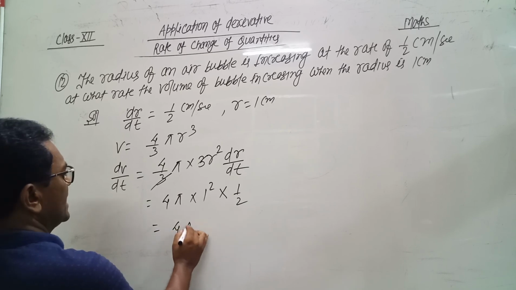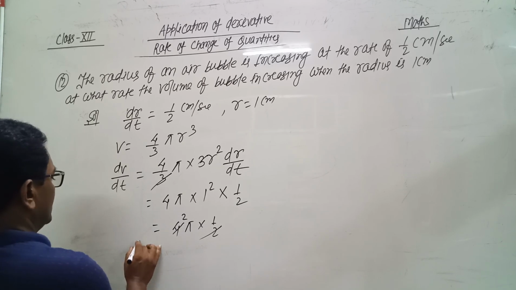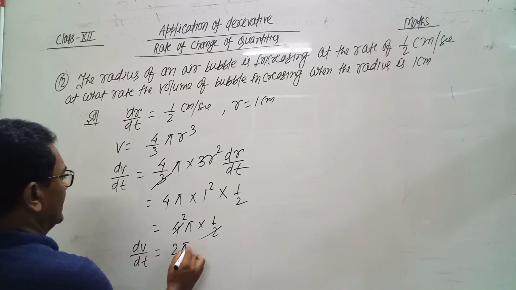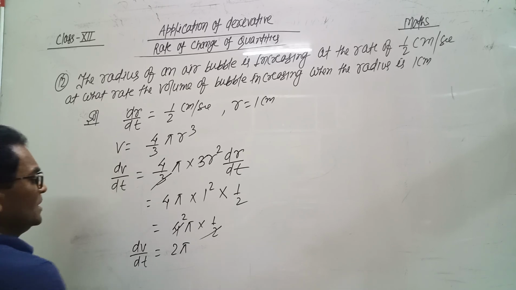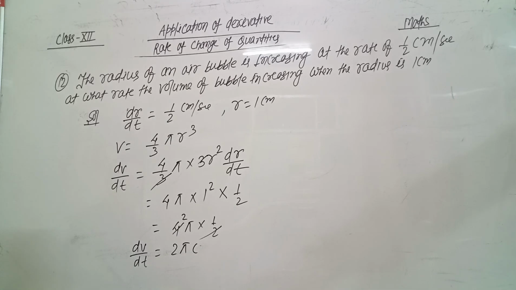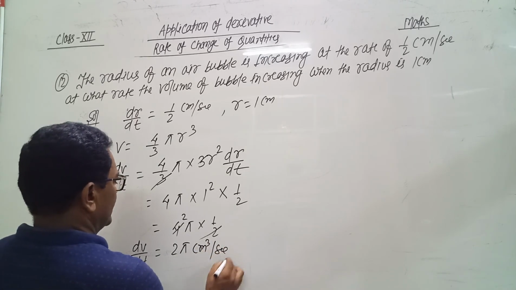So 4 pi into 1 by 2, and dv by dt comes to be 2 pi. The unit is centimeter cube per second.